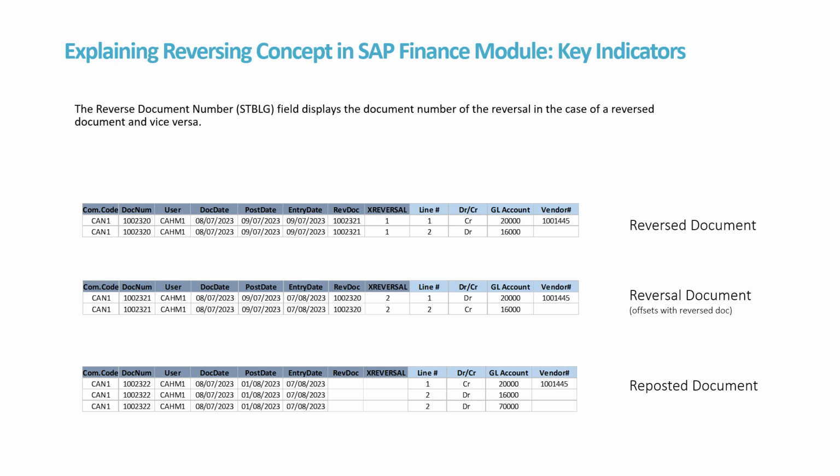And the reverse document number field displays the document number of reversal in the case of reversed document and vice versa, as you see in your screen.